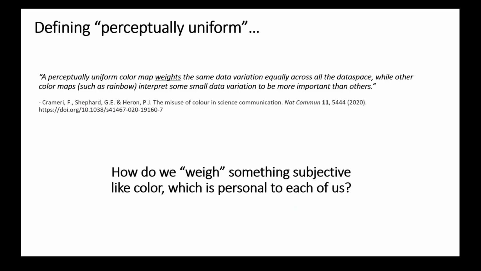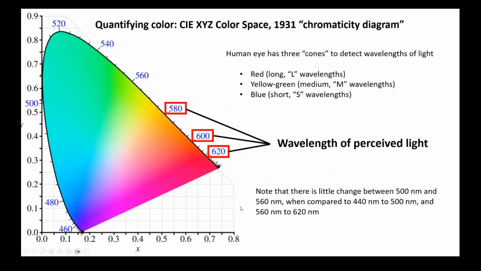So how do we give weight to color? Well, in 1931, the International Commission for Illumination came out with this work. They collated some previous experiments regarding the RGB color space, and they came out with this chromaticity diagram.